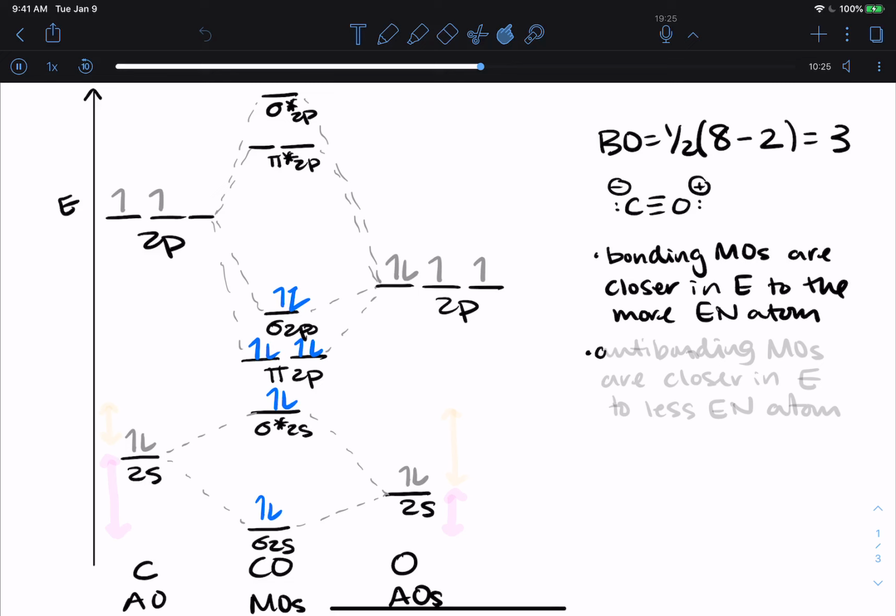The anti-bonding MOs are closer in energy to the less electronegative atom.